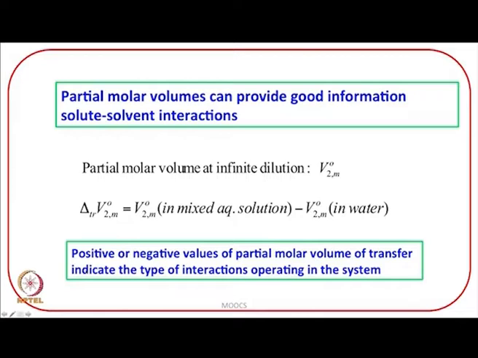Positive or negative values of partial molar volume of transfer indicate the type of interactions operating in the system. Because this transfer value can be positive, this transfer volume can be negative. Volume is always a positive quantity, like entropy is always a positive quantity.